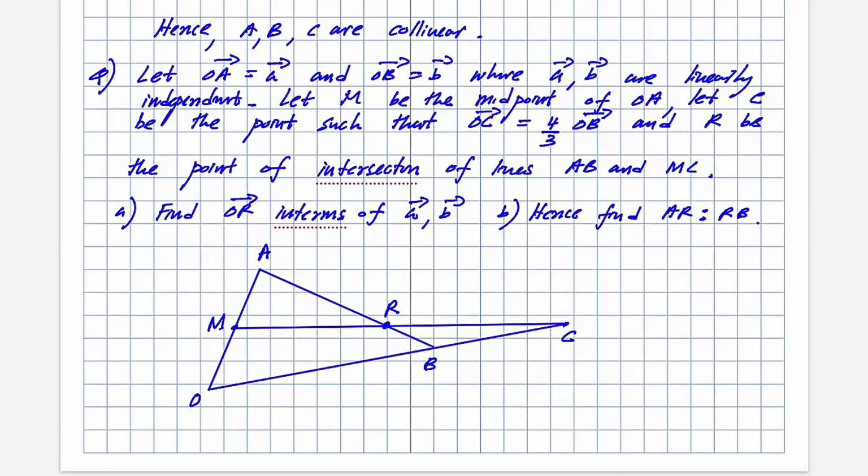So OA is equal to A vector. Then OM is going to be A vector divided by 2.